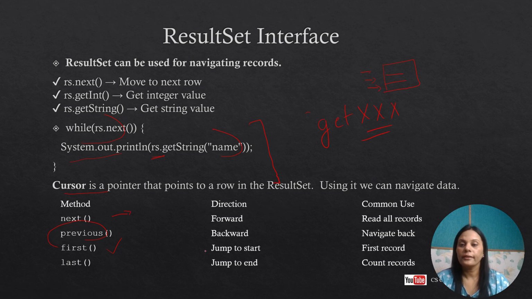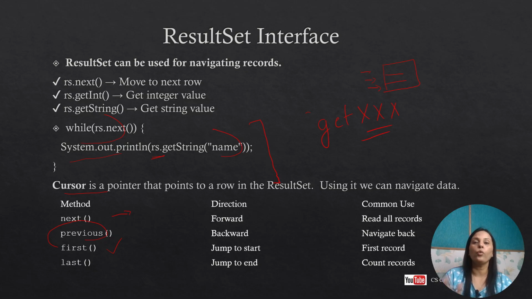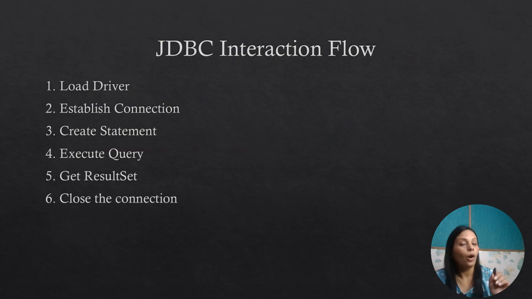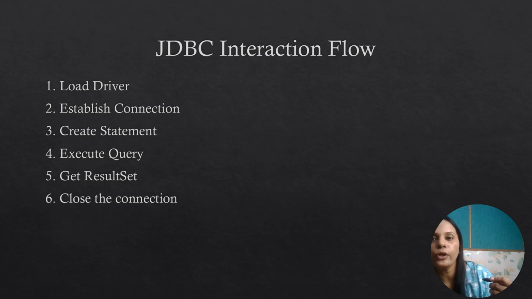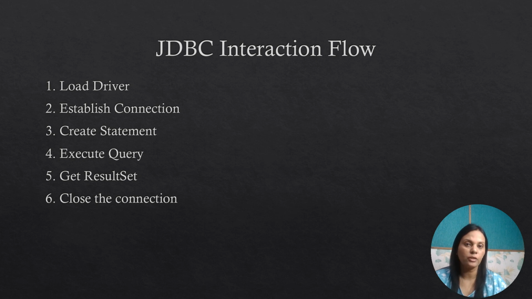Okay, so these are the navigation methods, very useful if you want to show your entire table, or if you want to create a UI where you want to keep buttons first, next, last, previous, so that the user can navigate your data, then you can use these methods. Okay, so that was all about your components. One more component we can consider, that is exception. So the SQL exception class is there, that is used for handling your exceptions.